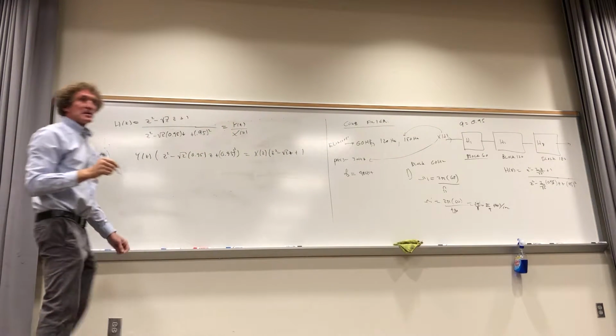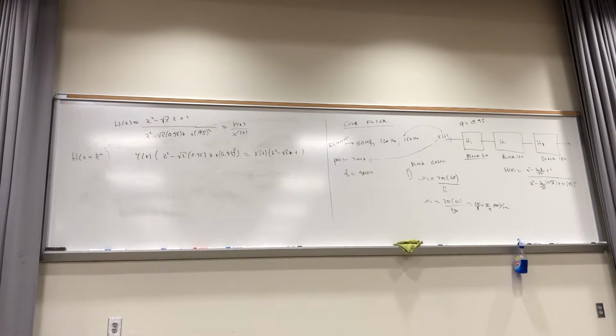The next step: now I've separated them, so I have x on one side, y on the other, as functions of z, each times z to some power. We want to make sure we divide by the highest power of z, don't we?